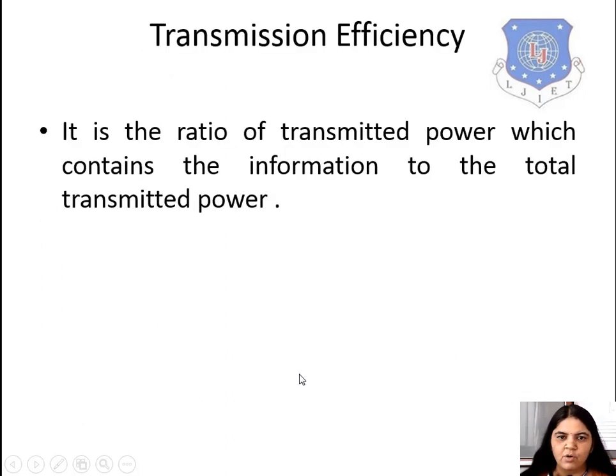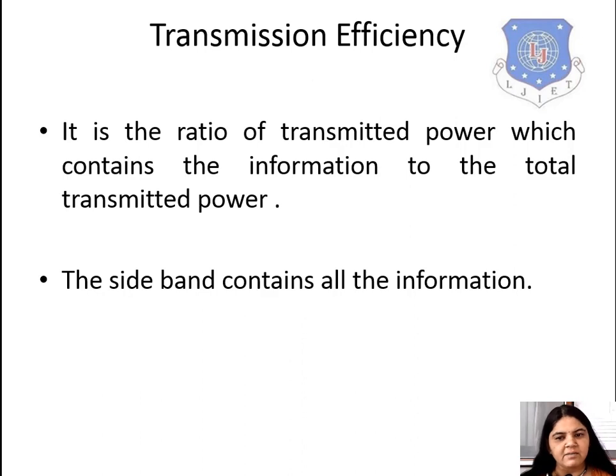As I said, the transmission efficiency is the ratio of the transmitted power which contains the information to the total transmitted power. So it is PLSB plus PUSB, that is the information, divided by the total transmitted power PT. So we can have an idea about the transmission efficiency.